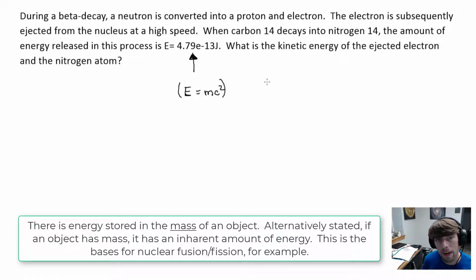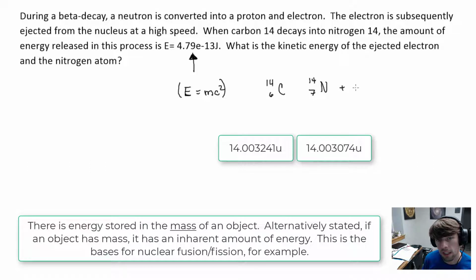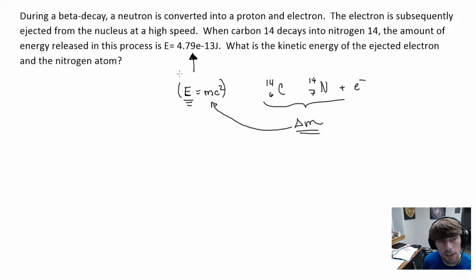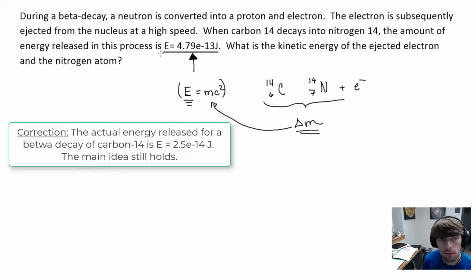If you consider the mass of the carbon-14 and compare it to the mass of the nitrogen-14 and the mass of the electron, you'll find out that there's a small change in mass. And that change in mass, if you plug it in here, will tell you how much energy is actually released. So this number is fixed. Every beta decay of a carbon-14 releases this much energy.